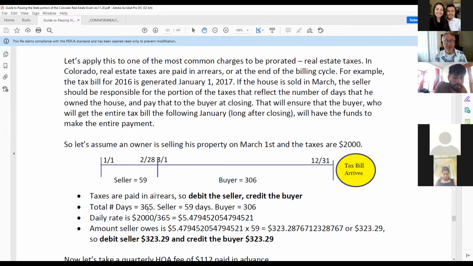Next thing I've got to do is find my daily rate. I take the $2,000 total tax for the year and divide it by 365 days in the year to get a daily rate. And that's going to give me this long number, folks. Here's what I want to make sure you do: do not round this number.